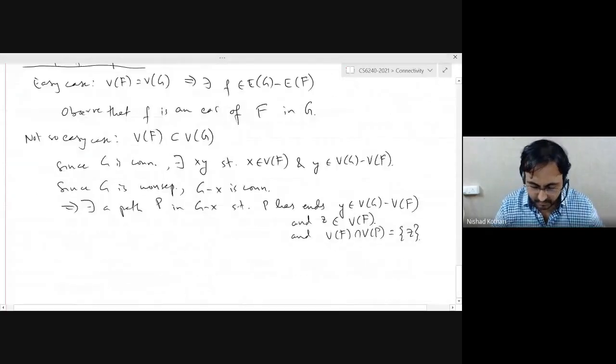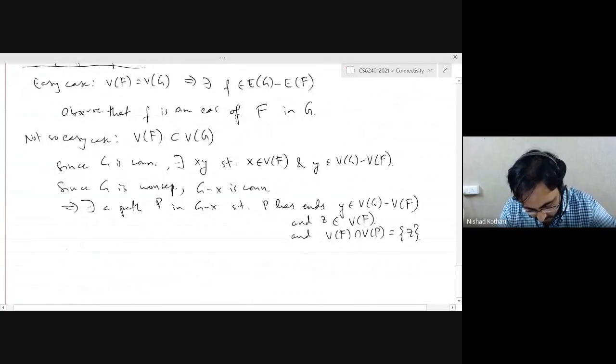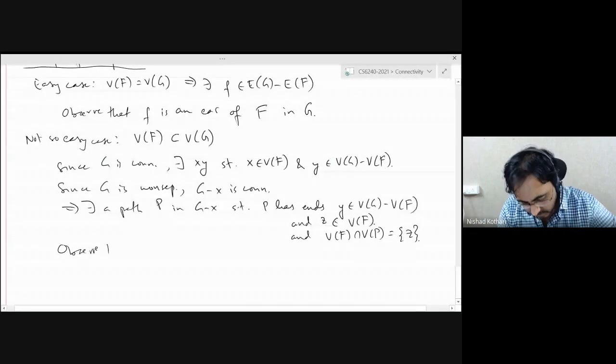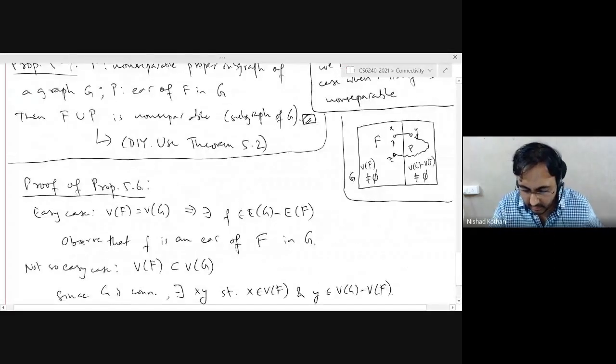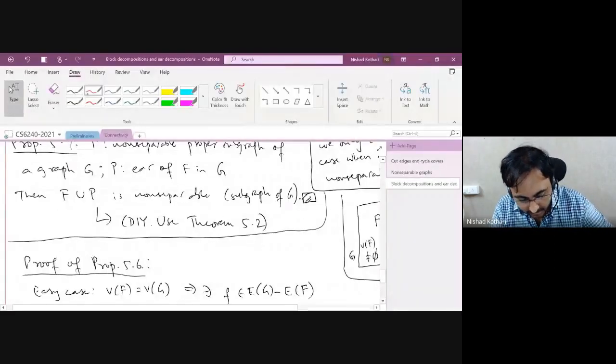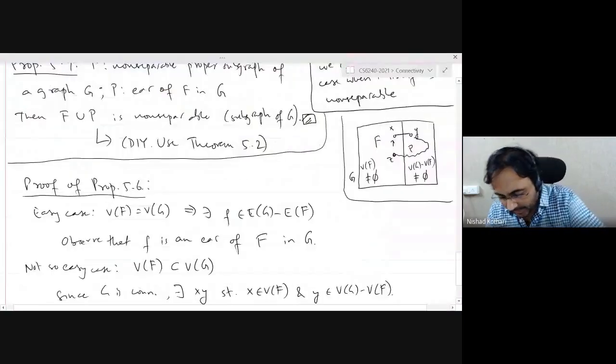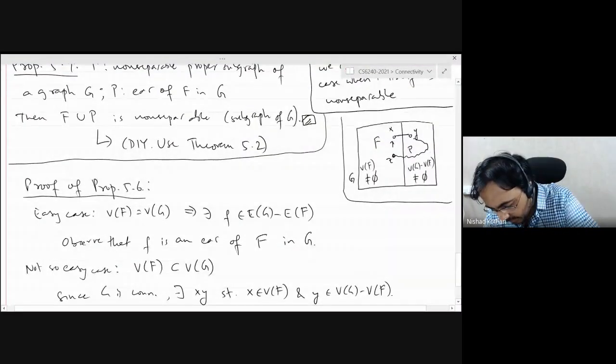And now observe that P plus the edge xy. So now what is our ear? The ear is going to be the path along with the edge. So we're going to take this path. Oh, I meant to color, sorry.